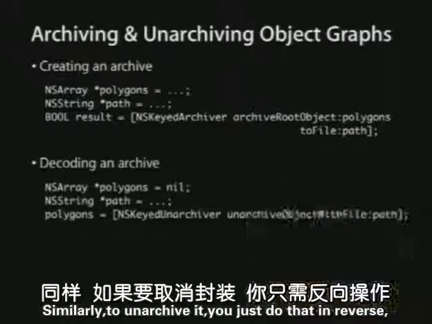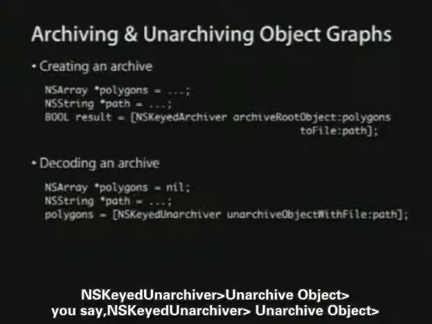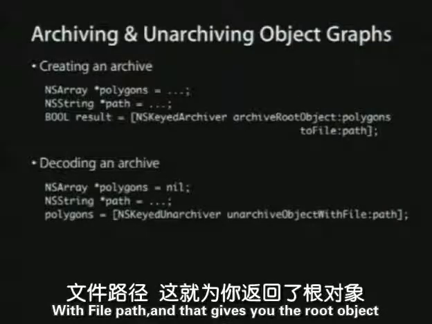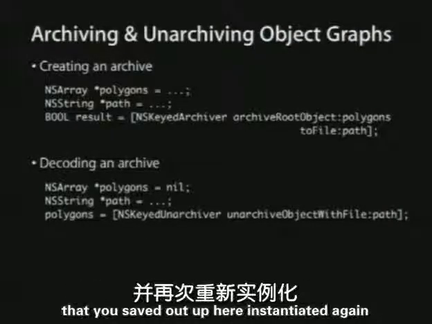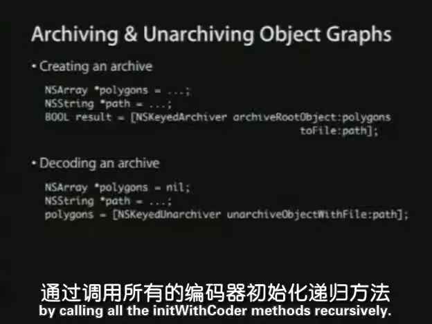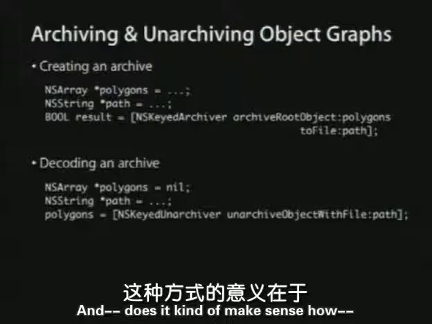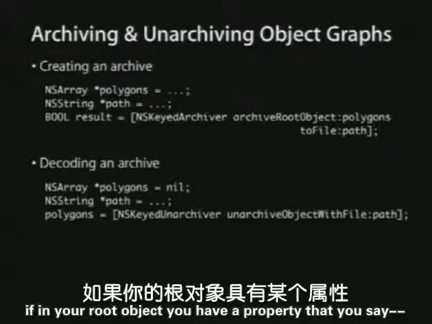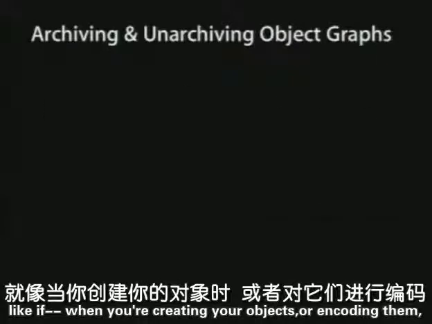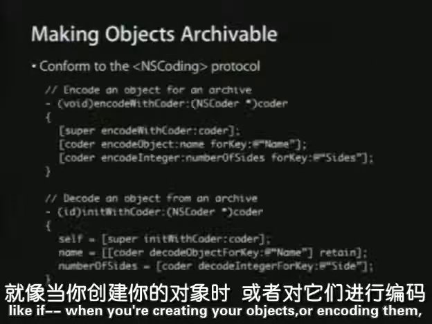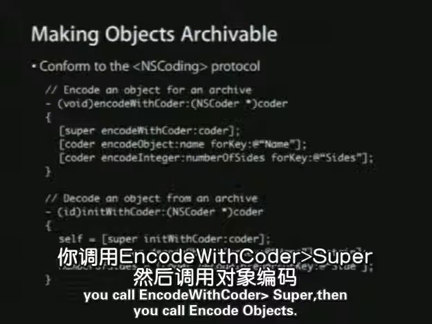Similarly, to unarchive it, you just do it in reverse. You say NSKeyedUnarchiver unarchiveObjectWithFile, with the path. And that gives you the root object that you saved out up here, instantiated again by calling all the initWithCoder methods recursively. Does it make sense how, if in your root object you have a property, when you're encoding, you call encodeWithCoder super, then you call encodeObject?